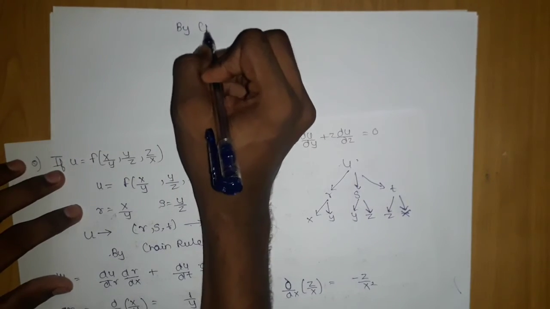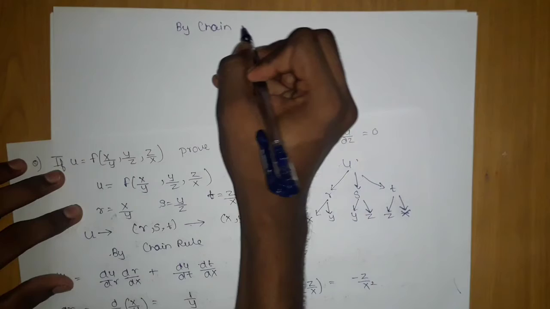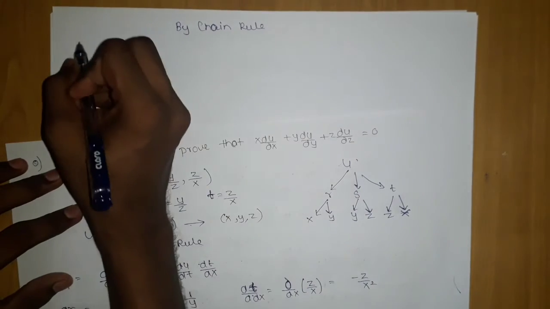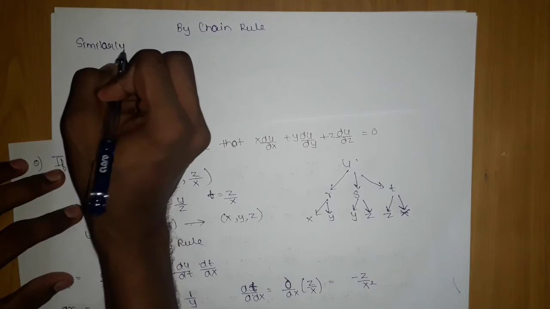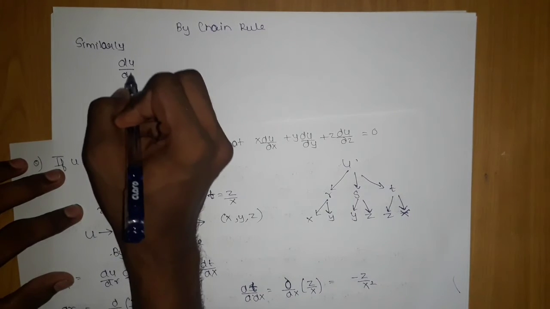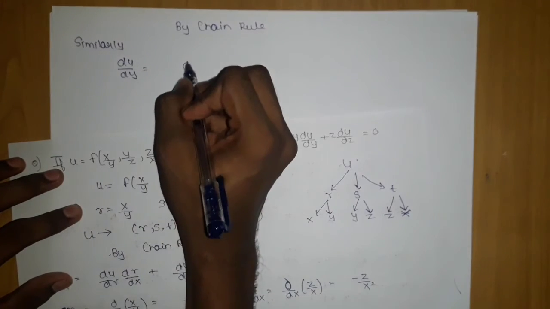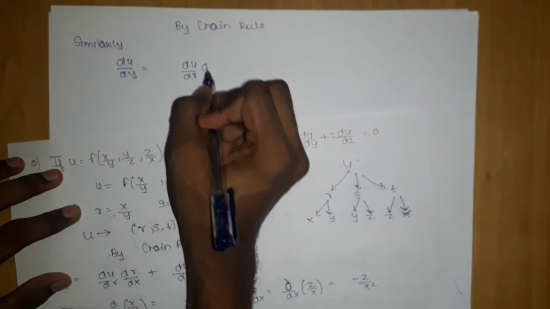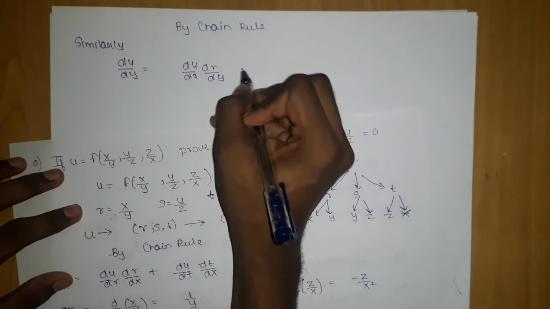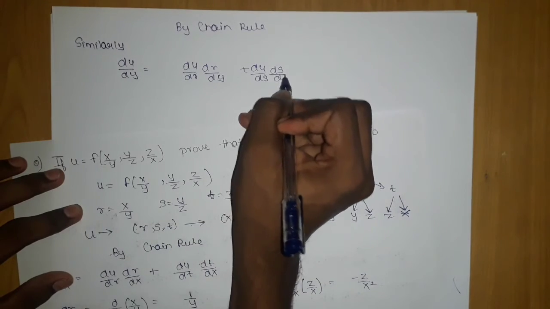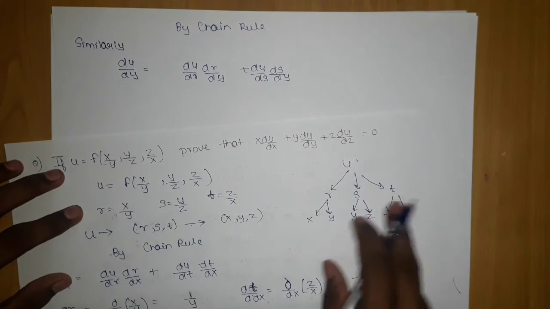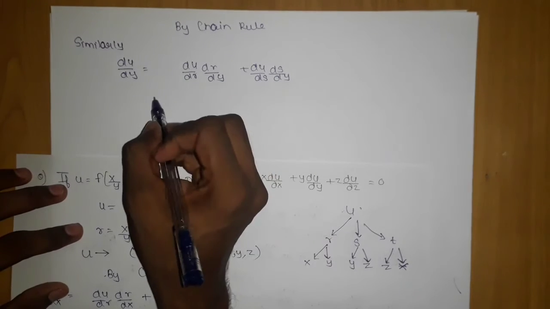By chain rule we are going to write similarly ∂u/∂y will be nothing but ∂u/∂r into ∂r/∂y plus ∂u/∂s into ∂s/∂y. You can write the other one where it is not present and place it 0, it's up to you.